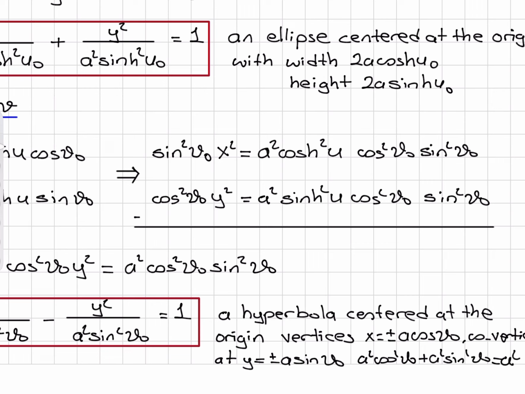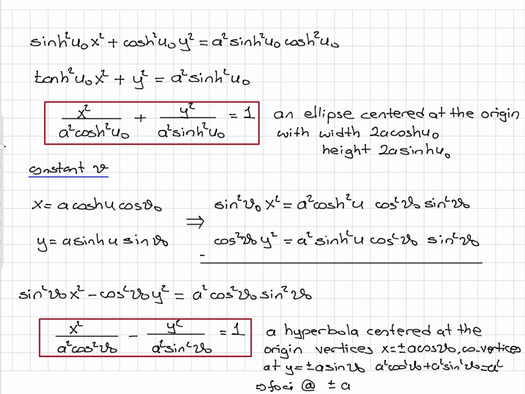So the focus points, the foci, are at plus or minus a. Okay. So I have described the constant u and constant v curves on the xy grid.